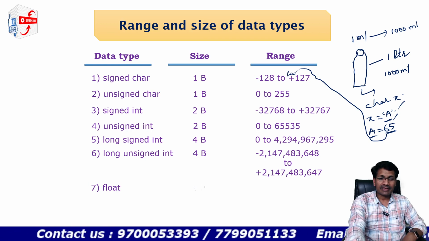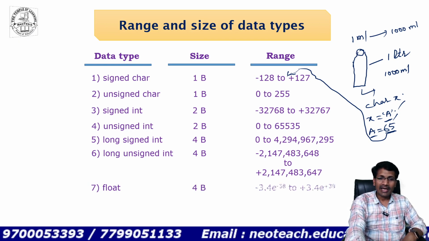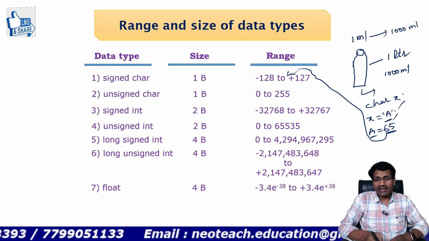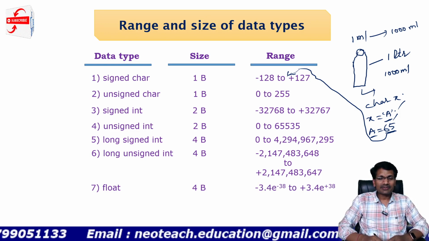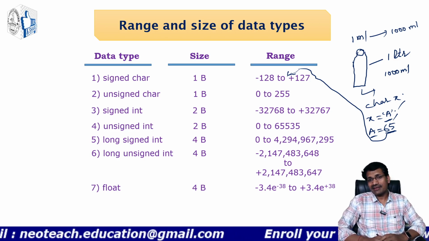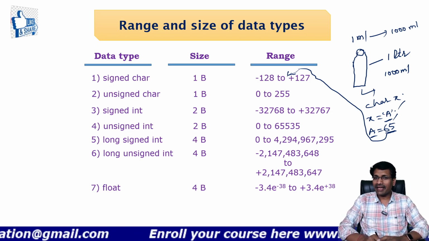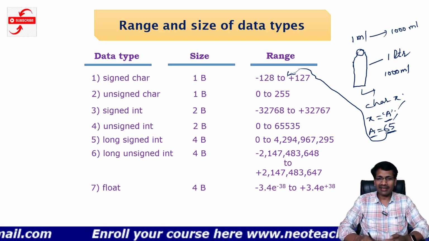And when you are working with the float, it allocates 4 bytes of memory for that created variable, and it can store a minimum value like minus 3.4 e to the power of minus 38. Here exponent means 10. 10 to the power of minus 38 means 1 by 10 power 38. That calculation we can do.